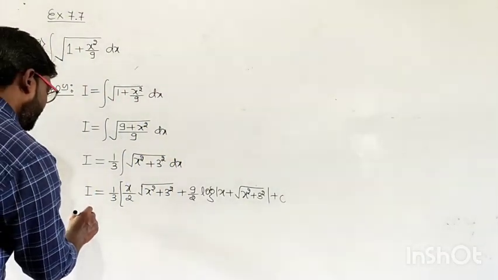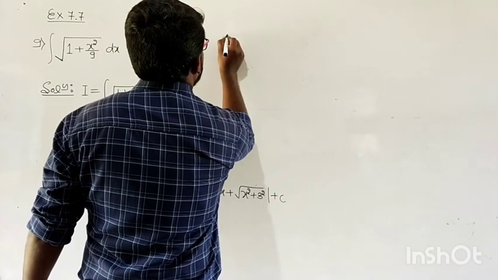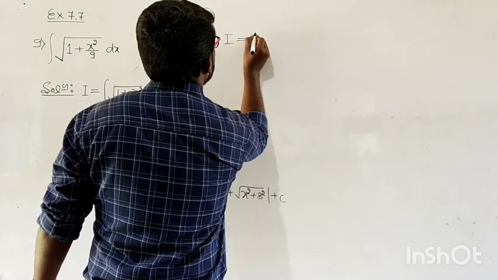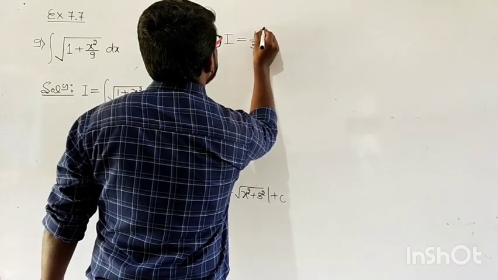So now in the next step, I is equal to 1 by 3 as it is outside.